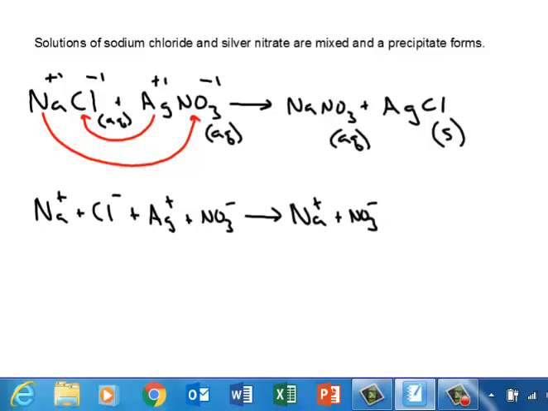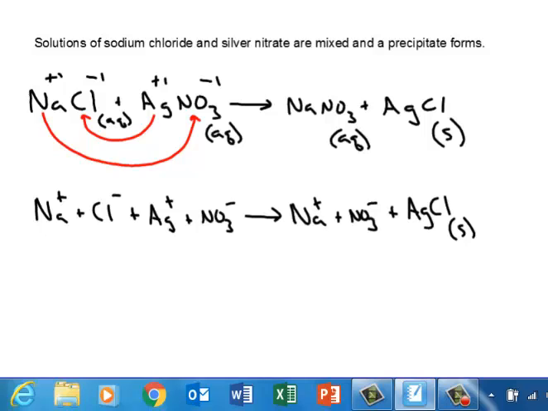It will exist as sodium ions and nitrate ions separate from each other. The AgCl is a solid, so I write that together, AgCl. The fact that I wrote it together means it's a solid. Again, check with your professor if you do need to write the subscripts for the phases. Now I have my complete ionic equation.